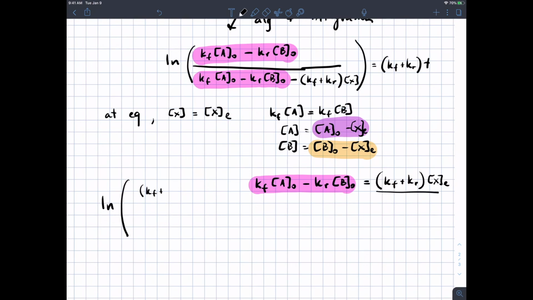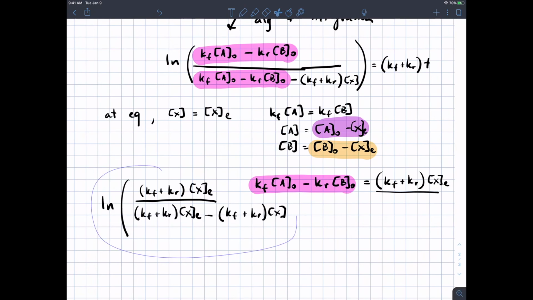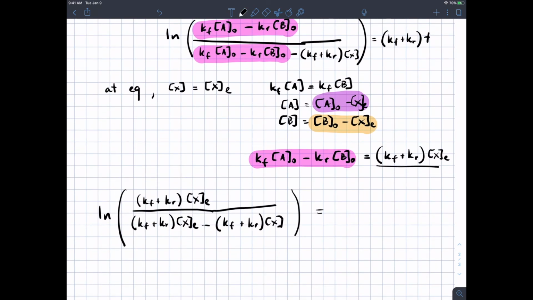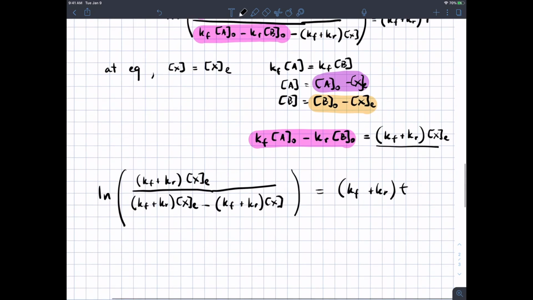So Kf plus Kr times extent of reaction at equilibrium divided by that thing again, Kf plus Kr times extent of reaction at equilibrium minus, and I'm sorry, I'm going to have to move this, all equal to Kf plus Kr times T. Aha! Anybody see what we can do? Yes?